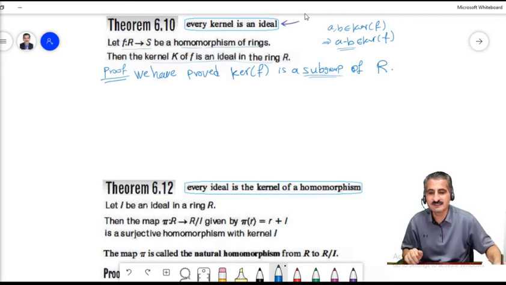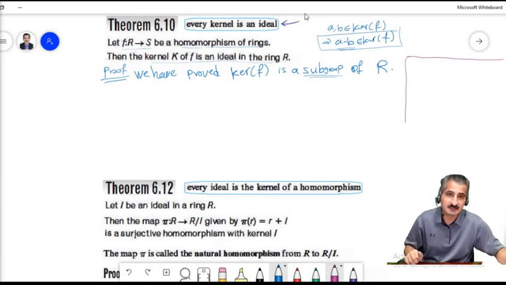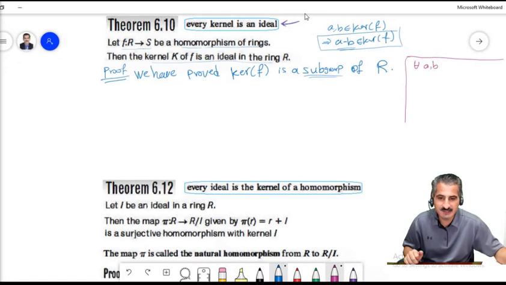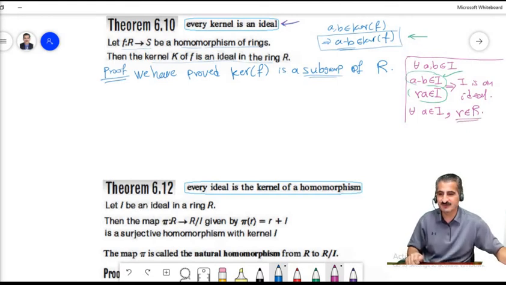So what is left? We proved this thing, and let me recall how to prove I is an ideal of a ring R. Assuming I is a non-empty set, we prove that for every a and b belonging to I, a minus b belongs to I, and then we want to show that r times a belongs to I, for all a in the set I and for all elements r in the ring R. This is what we want to prove.